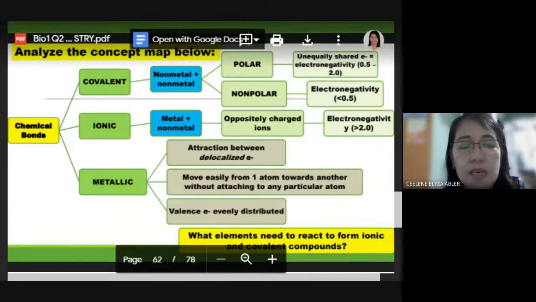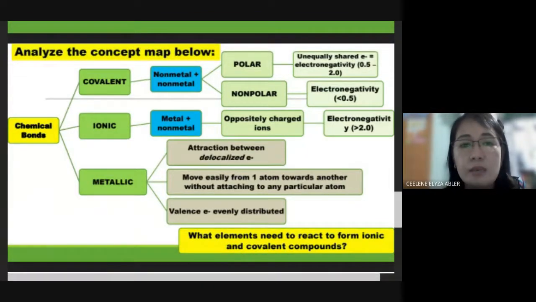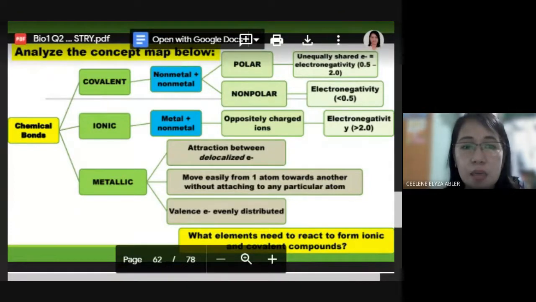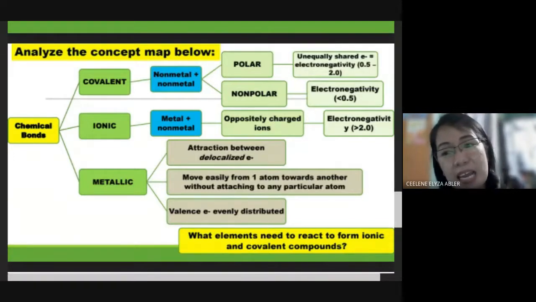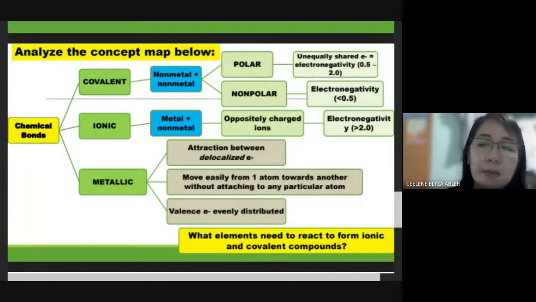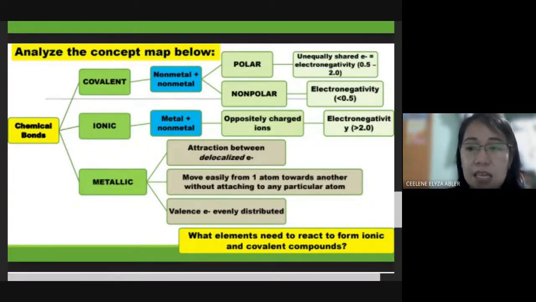So we have here covalent, it's between nonmetals and nonmetals. So it can be divided between polar and nonpolar. Polar siya class if there is an unequal sharing of electrons. So polar kapag the other is highly electronegative, tapos ang kapares niya is the one that's very low yung kanyang electronegativity.